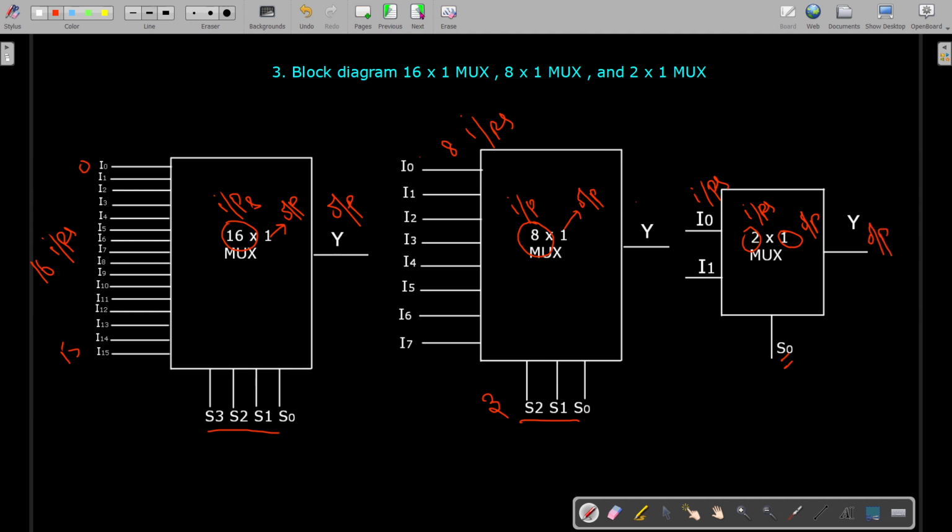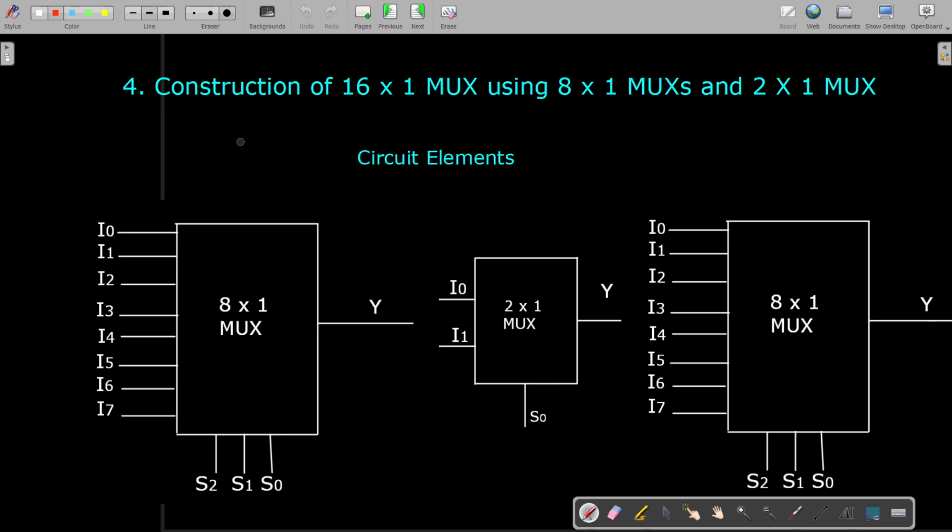So the third section is over, and now we need the circuit elements, that is two number of 8 by 1 mux, and one number of 2 by 1 mux in order to construct this 16 by 1 mux. So actually what is the function if you look into this?